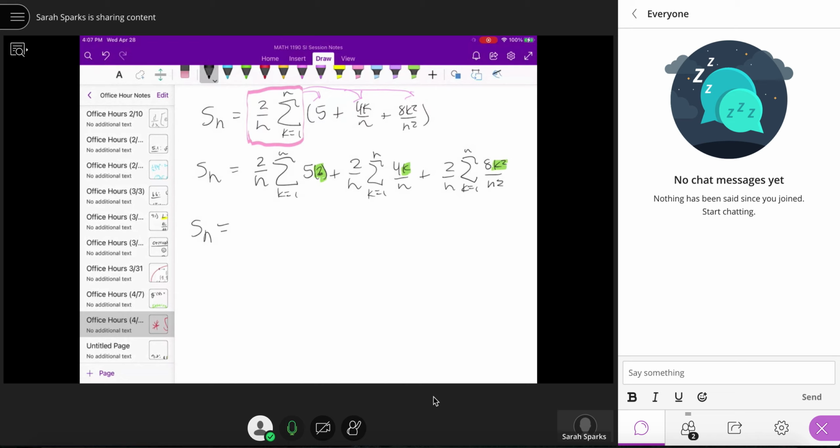So factoring out that 5, we still have that 2 over n on the outside, so 5 times 2 is 10, so we end up with 10 divided by n times the summation of 1. That looks good. That's one of our formulas. Did you get the 2 from that? Is it the 2 over n? Yes. It's really important that whenever you do this, you also distribute that 2 divided by n with each of the summations.